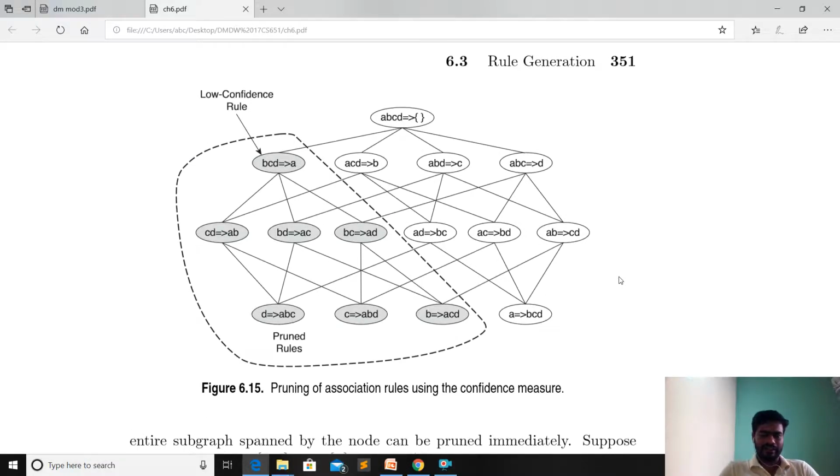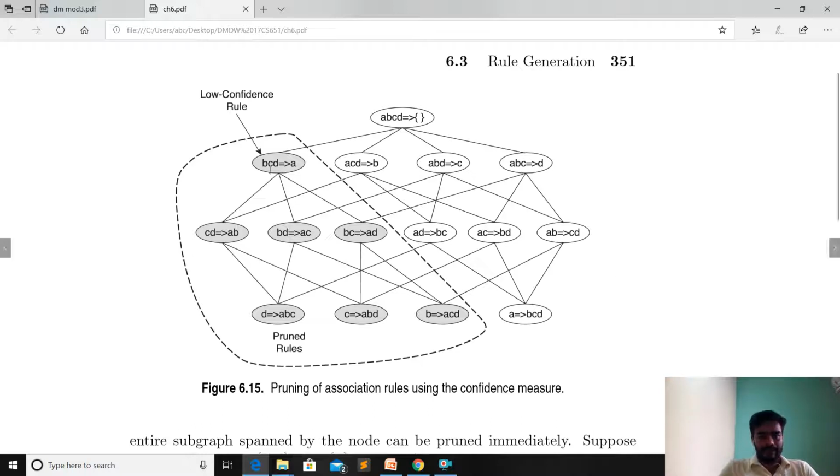This is a lattice structure generated from ABCD, whose confidence is greater than some value which is not known. Now, if this is a low confidence rule, then wherever A is involved in the consequent, all those are low confidence rules.